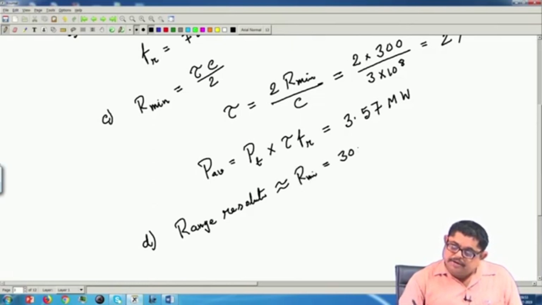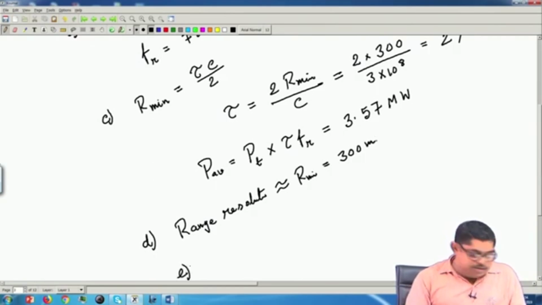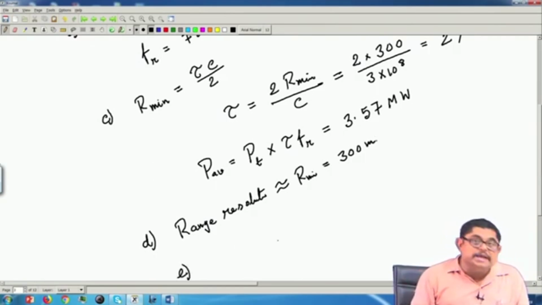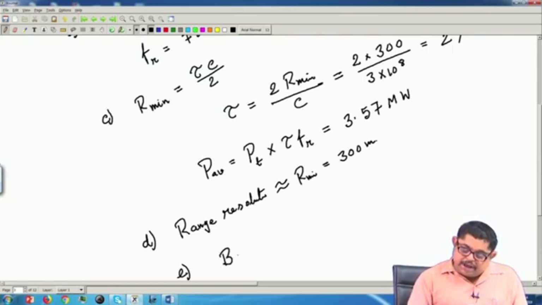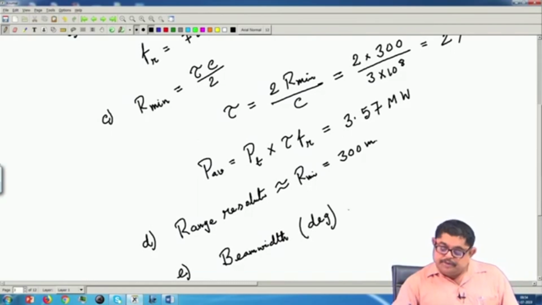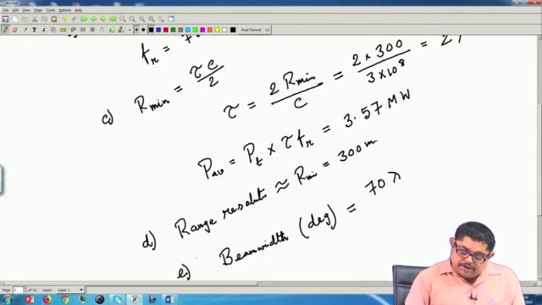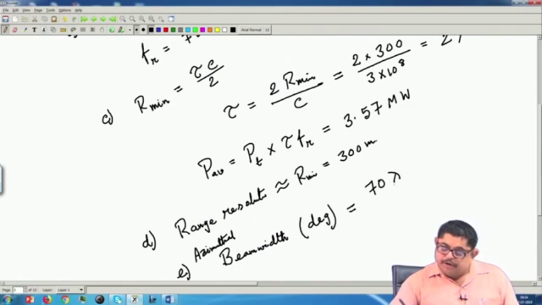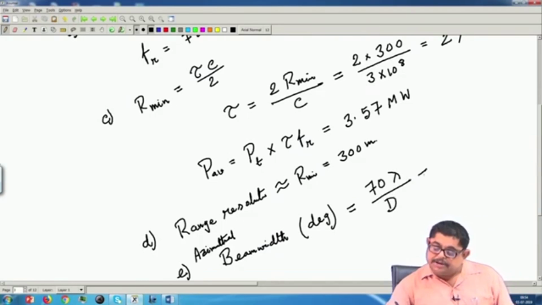So, that will be 300 meter, and the other one is azimuthal beam width. From antenna classes we know that the beam width for a horn antenna in the azimuthal plane, in degrees, has a formula. So, the azimuthal beam width for a horn is 70 lambda by d, where d is the maximum dimension of the horn.